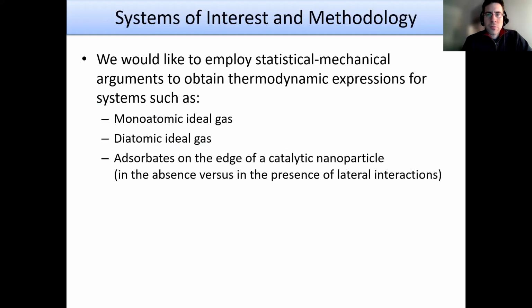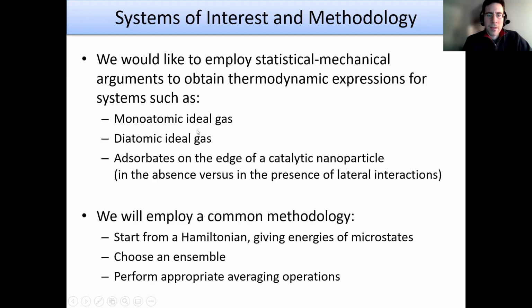All of this framework that we discussed can be used to find thermodynamic expressions for systems like the monatomic ideal gas, the diatomic ideal gas, adsorbates on the edge of a catalytic nanoparticle in the absence or in the presence of lateral interactions, and more complicated systems. These are some simple systems that I have chosen to discuss. We're going to employ the common methodology outlined here.